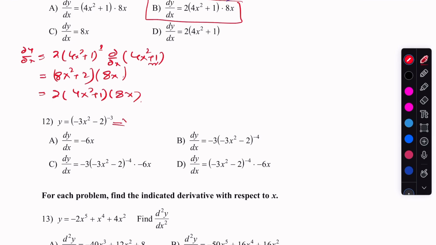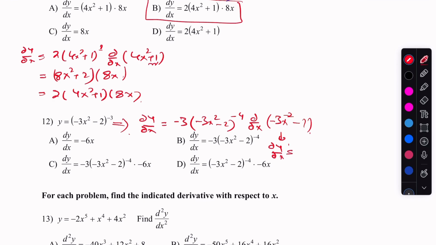Similarly, for this question, we're going to apply power rule as well, which is 3 minus 3x squared, minus 2, negative 3, negative 1, which is negative 4, then dy by dx is negative 3 minus 3x squared.